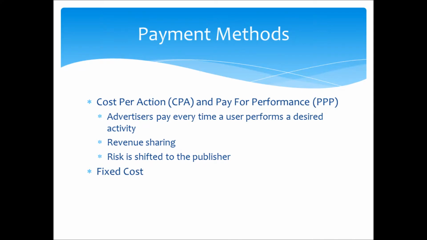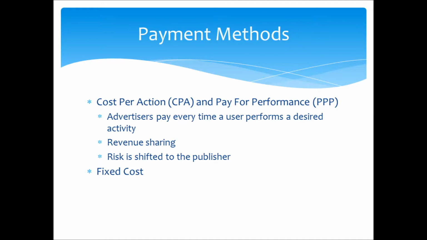Another payment method is cost per action and pay for performance, where advertisers pay every time someone performs a desired activity, whether it's purchasing a product or filling out a web form. Sometimes these arrangements include some form of revenue sharing for the publisher, so every time the advertiser makes money, the publisher makes money.